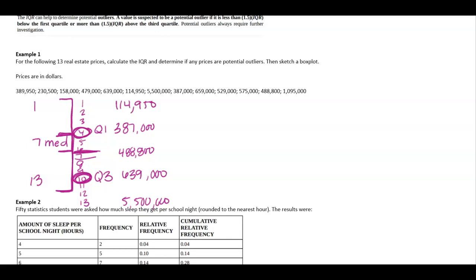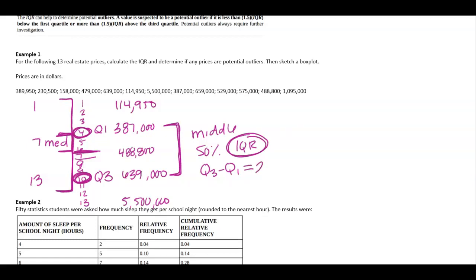All right, so our IQR is the middle 50%. So we're going to subtract Q3 minus Q1 to find the IQR, or the interquartile range, is what that's called. When you do that subtraction, you get 252,000.